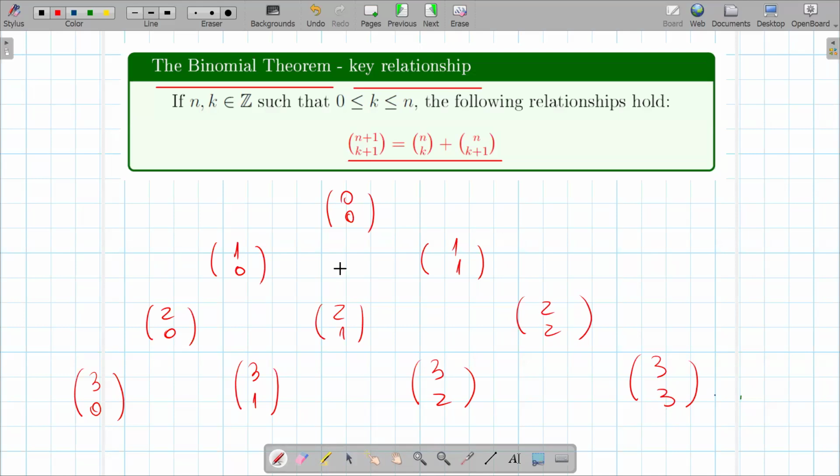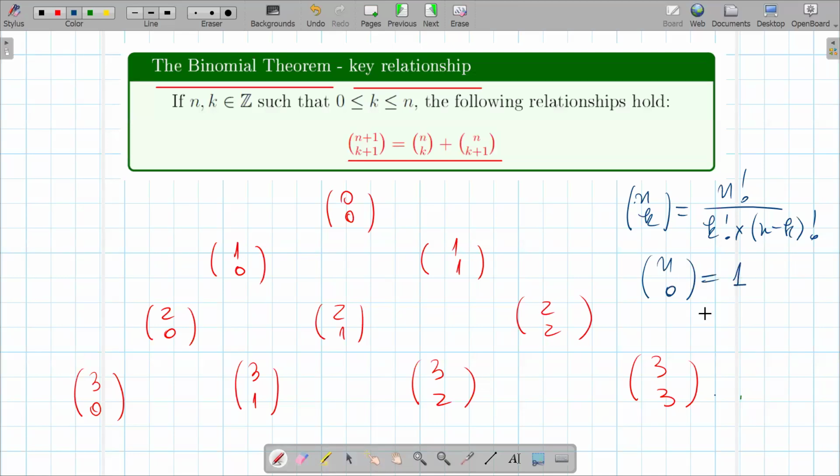So let me remind you of a few things we know about these coefficients. Basically, the definition is n choose k is n factorial over k factorial times n minus k factorial. And then we proved that n choose 0 is always 1.